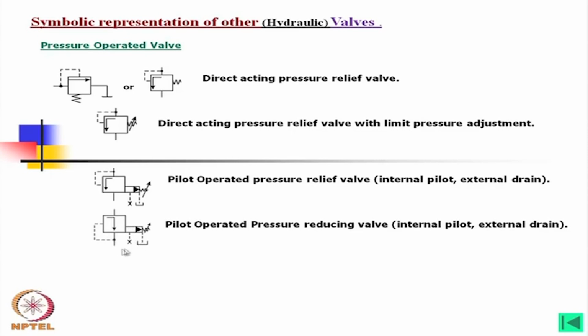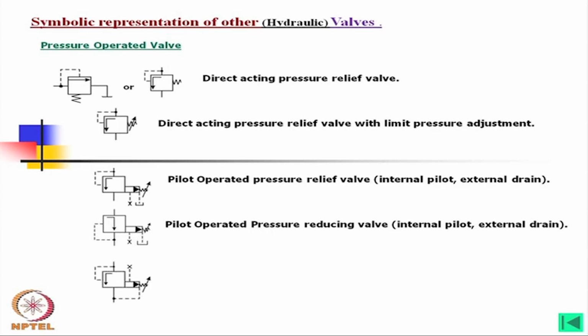Do you understand my point? This is internally connected to the pressure line itself. However, we can remove this and completely control it through this external line, then we will connect to this. Say for example, another system is sending a signal to operate this one.